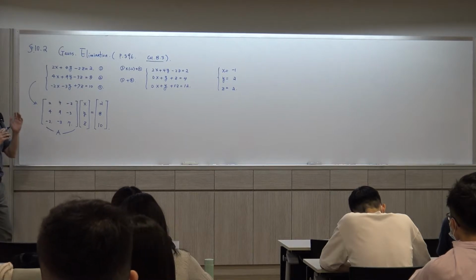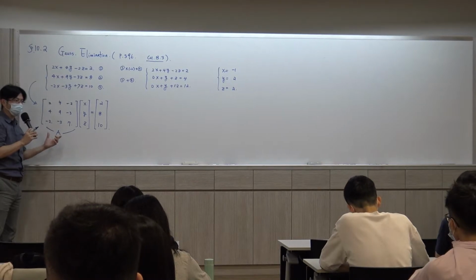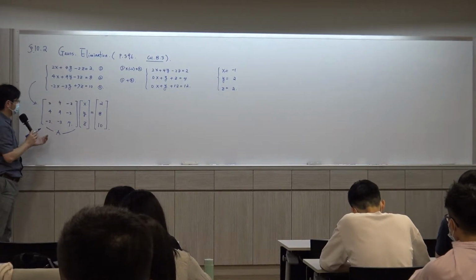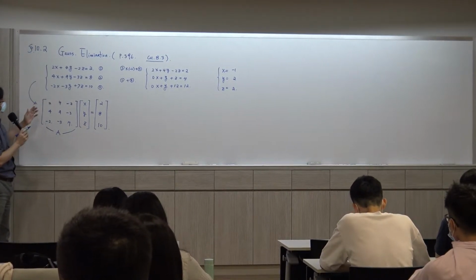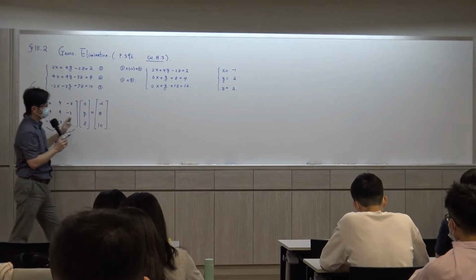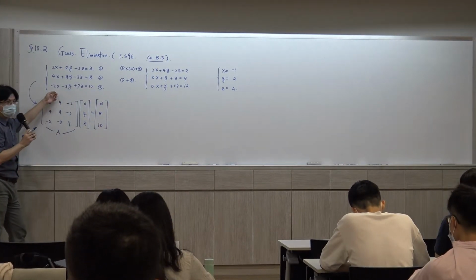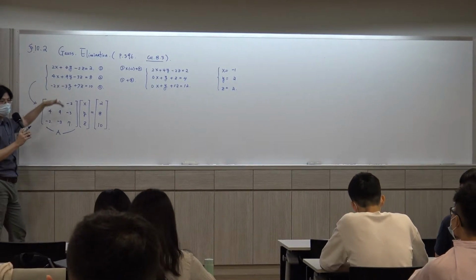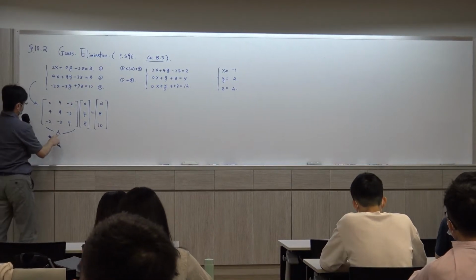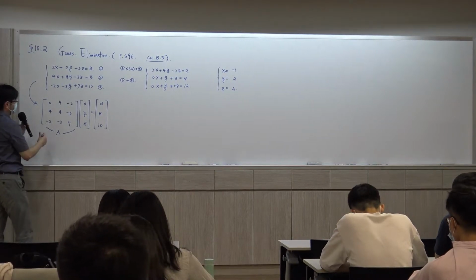In mathematics, both row operation and column operation are fine and widely used. But the application here is for solving the three equations, so only row operation is meaningful, right? So this is called the coefficient matrix.